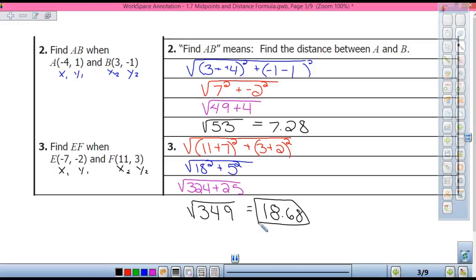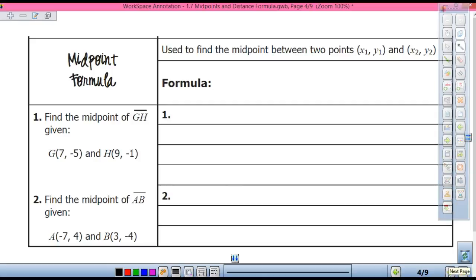Midpoint is way easier than distance. Okay. The midpoint is the average of the x's and the average of the y's. Okay?